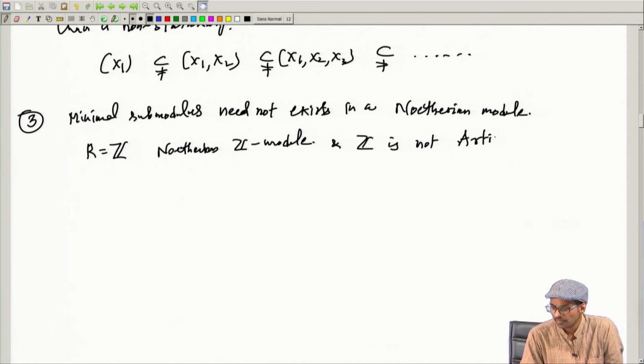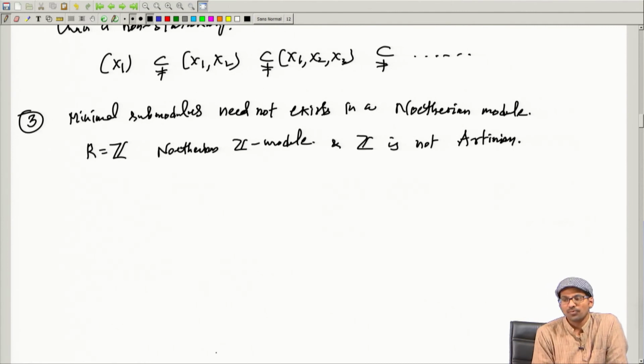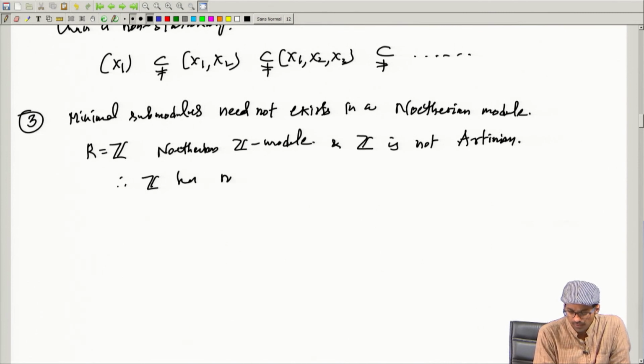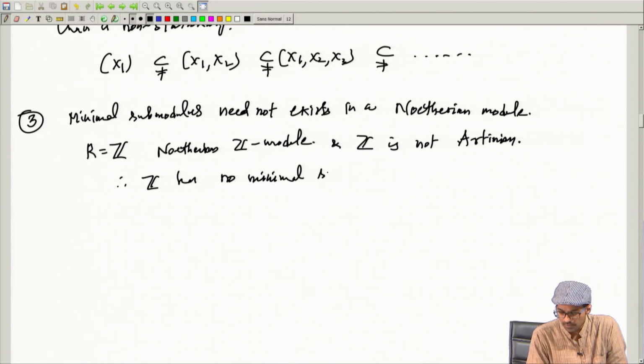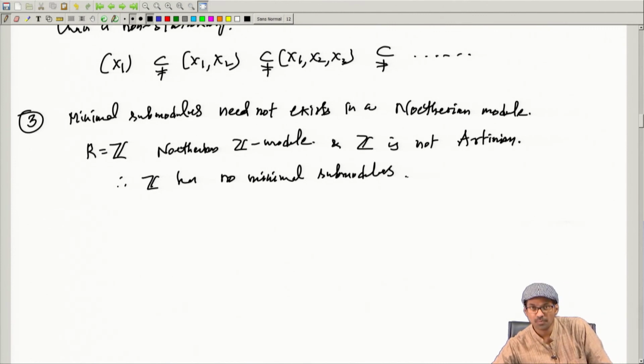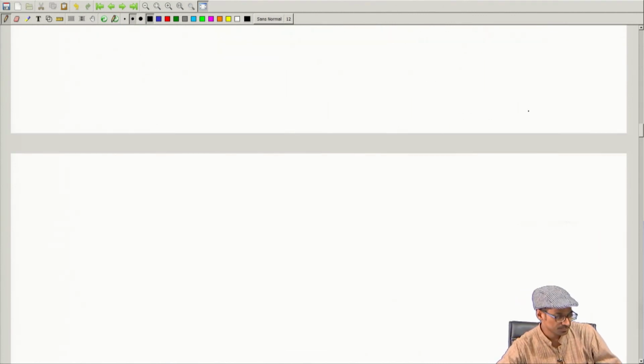We have seen that Z is not Artinian. Therefore, Z has no minimal submodules.